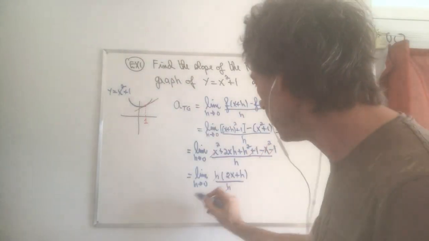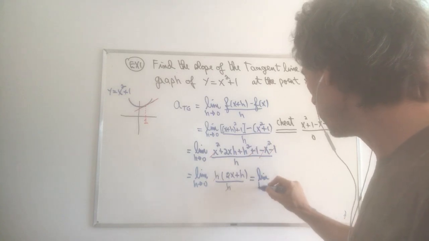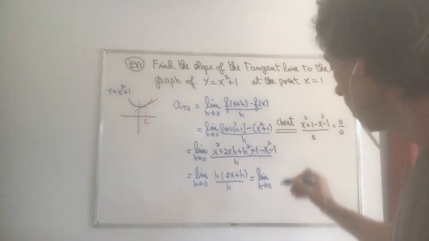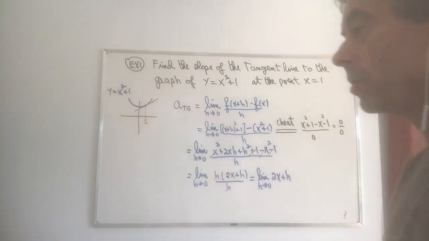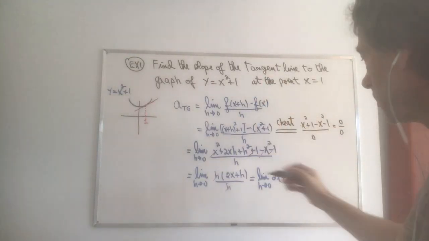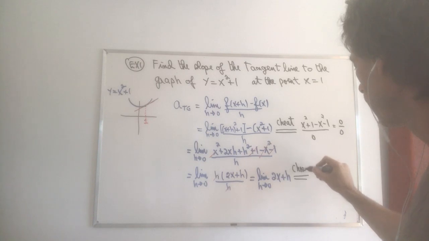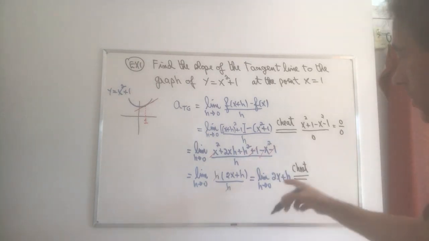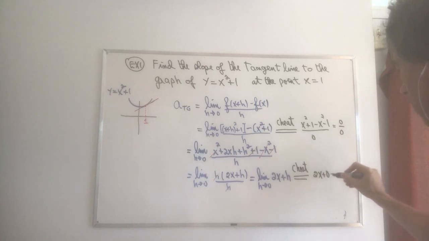This is going to be the limit as h goes to 0 of 2x plus h. Good. Now, cheat. Algebra, cheat. I'm ready to put h equal to 0 in there. That is 2x plus 0.